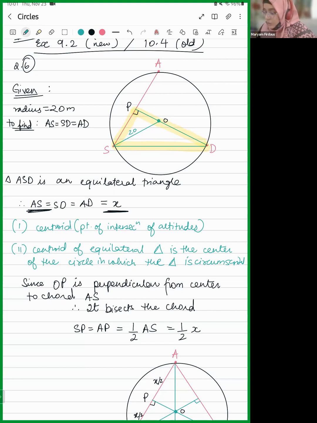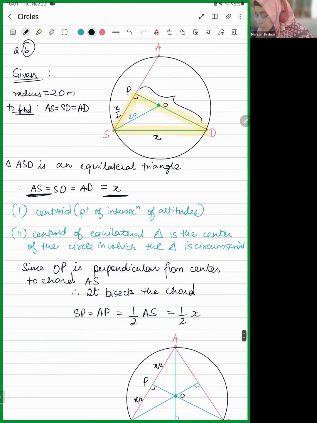In this, what all do we know? We know that this is x by 2, and this is x. This we know. And this is unknown. We don't know this. So we can find out this distance using the Pythagoras theorem.